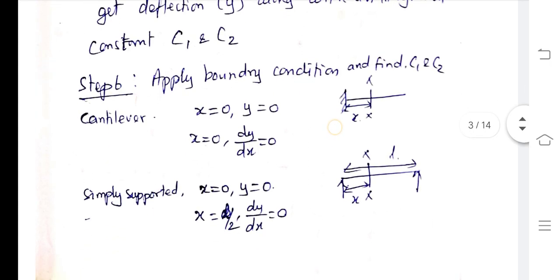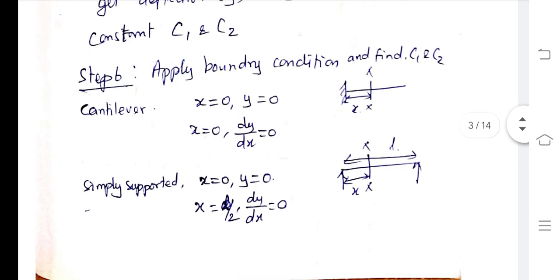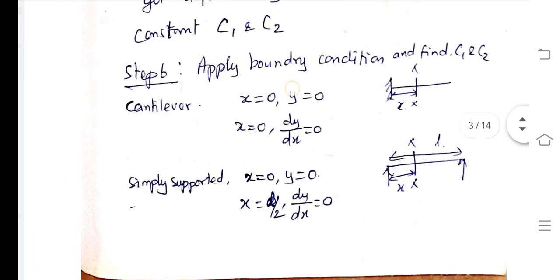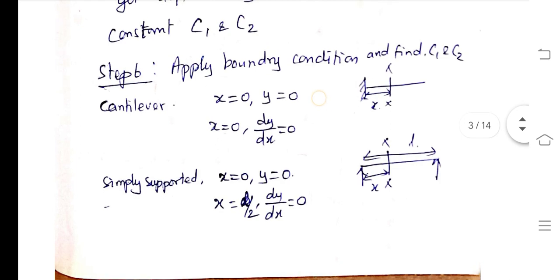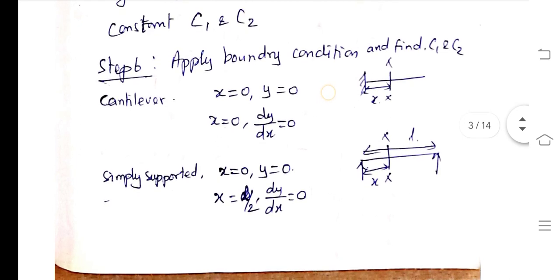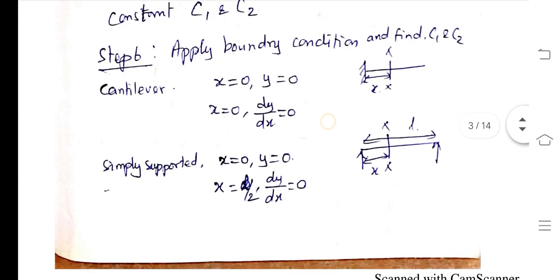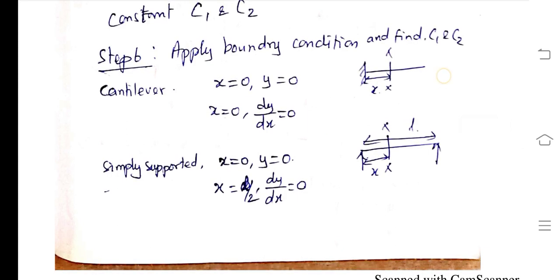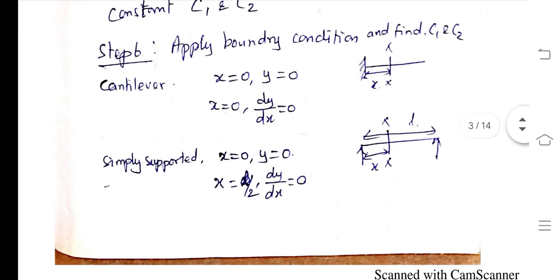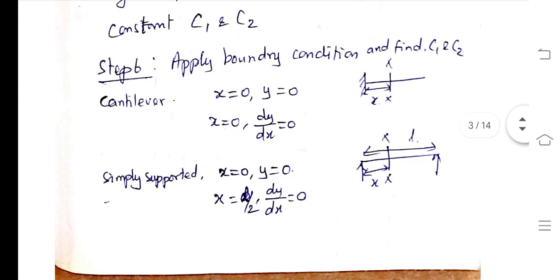Apply the boundary conditions. For a cantilever beam, the boundary condition is at x equal to 0, the fixed support.